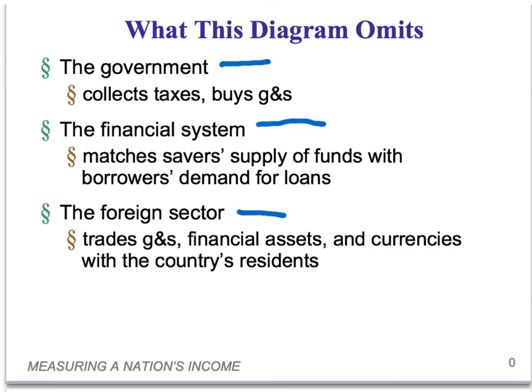As you're hearing in this election season, or in all election seasons, the government is a huge determinant of any society in terms of how much money they have, in terms of job creation, things like that. The financial system is much more open to the invisible hand and things of that nature. In the foreign sector, there's always a lot of interest and passion based on what is happening in other countries and how it affects the United States.